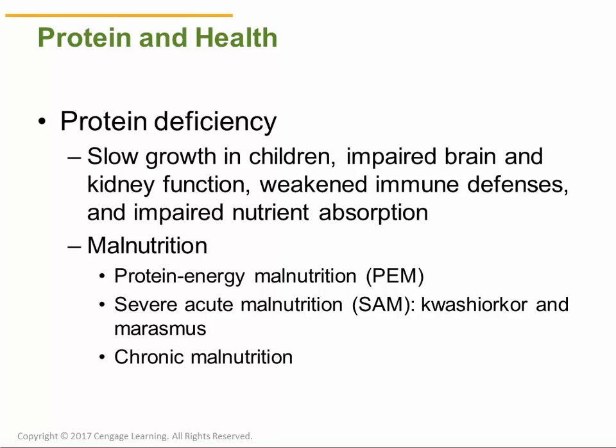Also, it can impair brain growth, kidney function, weaken immune systems, and impair nutrient absorption. Okay? Because with protein deficiency, you know the first organ that is going to be affected? The intestinal tract.